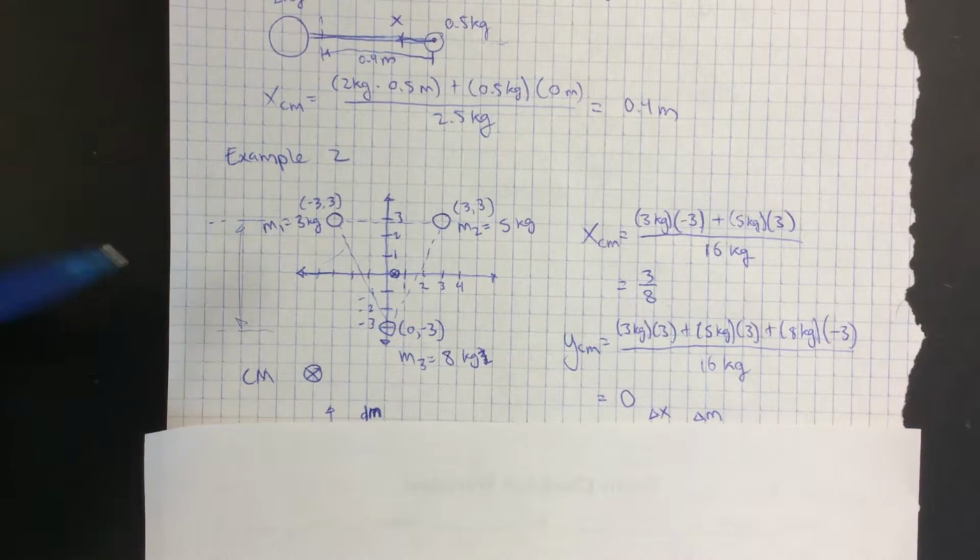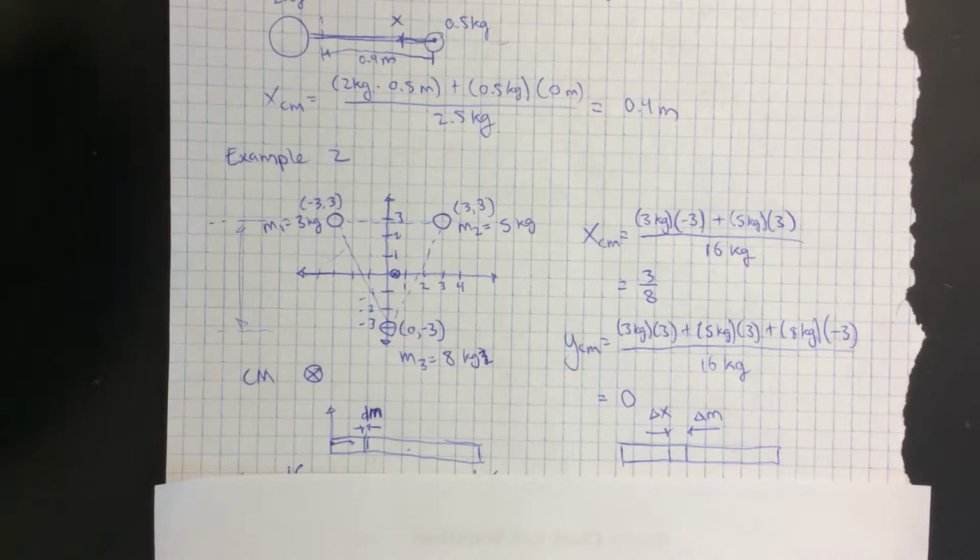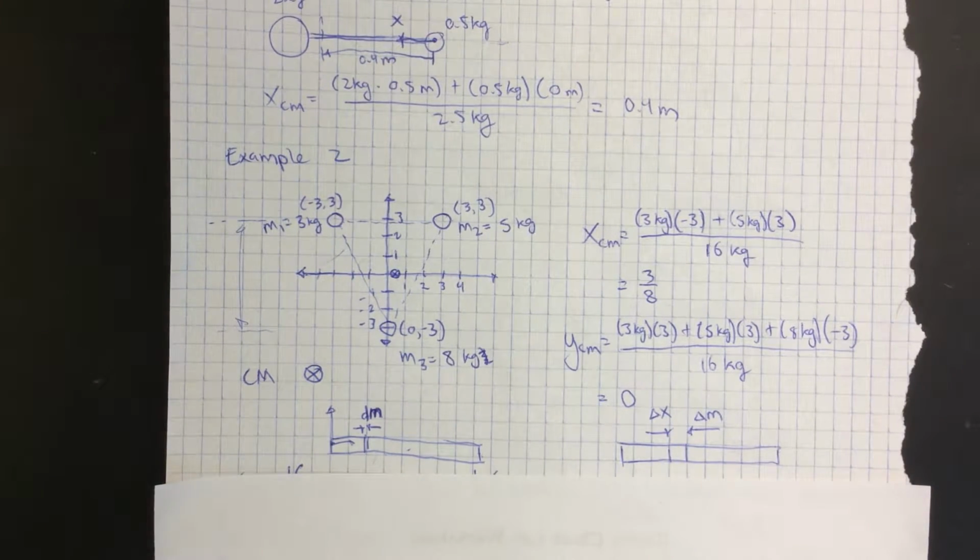That's how you calculate center of mass for discrete particles, objects. What if you don't have a discrete object? What if you have something like a bar and you're trying to figure out where the center of mass is for this bar? You now have a distributed mass.